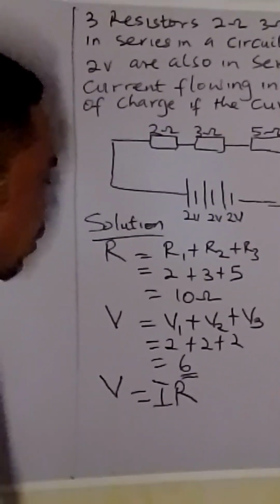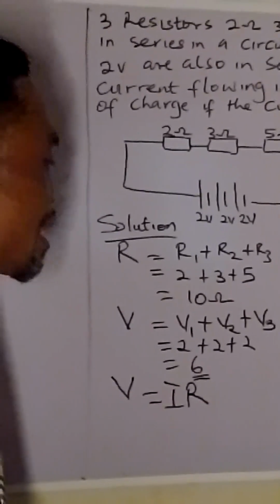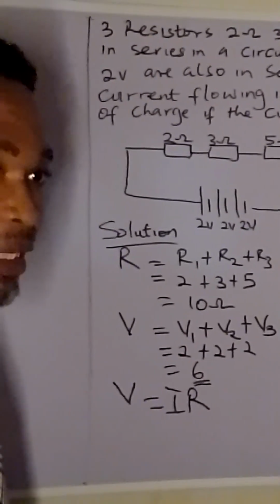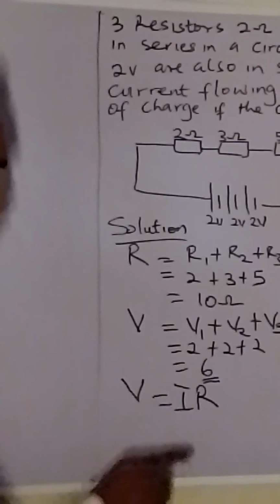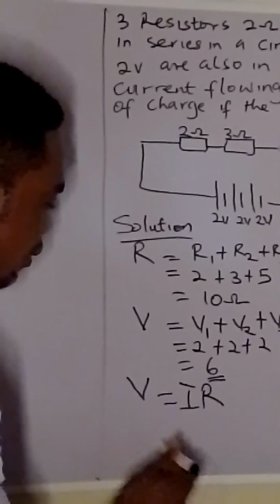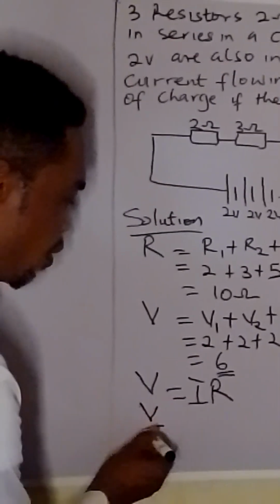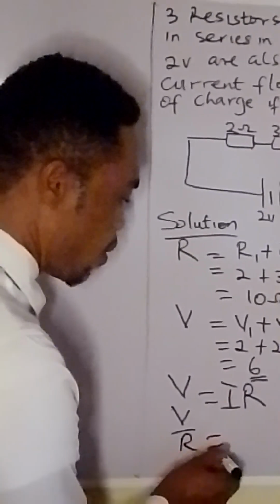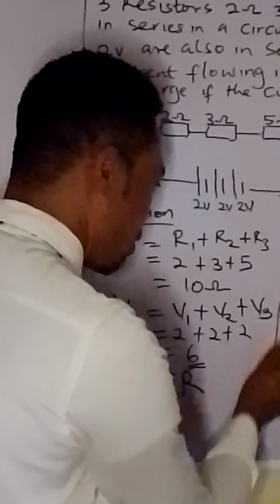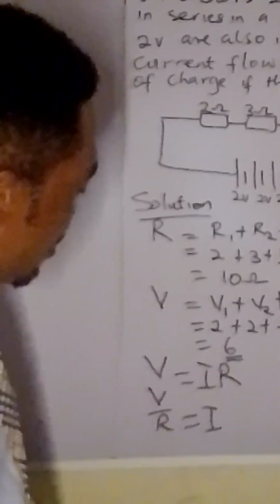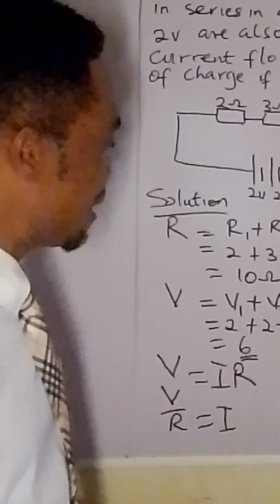Or you can also say divide both sides by R. It's still the same thing. There are so many ways to kill a rat. So making I the subject of the formula gives V over R is equal to I. Now that's an expression for the current.